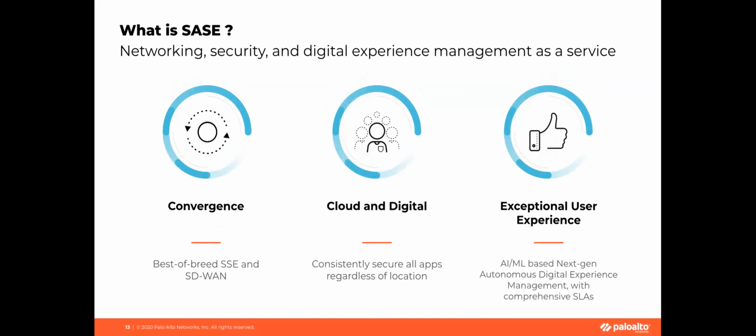At Palo Alto Networks, we aspire to set a new industry standard with our market-leading SASE offering. Our focus is on providing convergence without compromise through a unified SASE product that includes Prisma Access, Prisma SD-WAN, as well as best-in-class digital experience management.